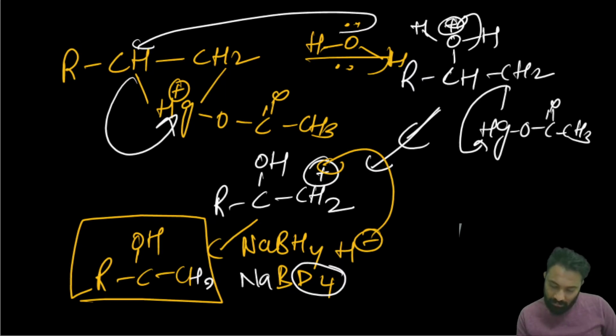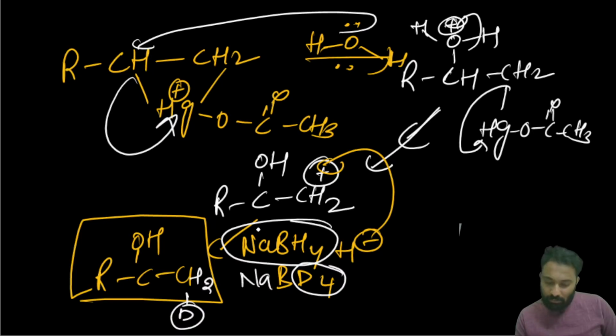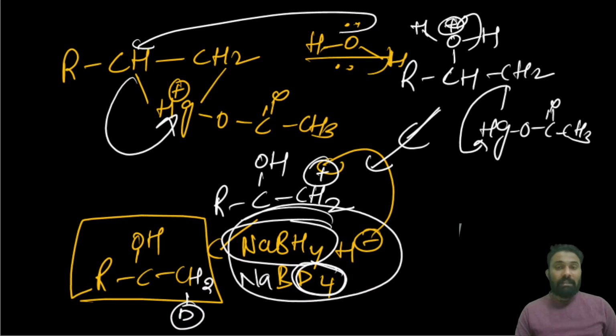If they have given D, D will be added. So you have to be very careful. Depending upon the demercuration with sodium borohydride, whether they have given hydrogen or deuterium, you have to cross check. Clear? You have to cross check whether they have given BH4 or BD4.